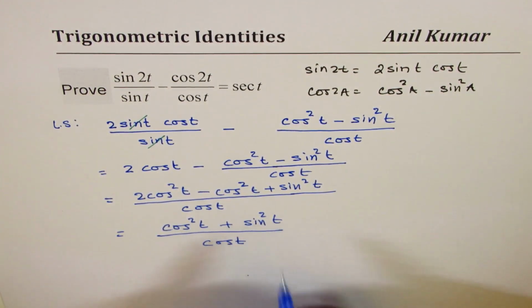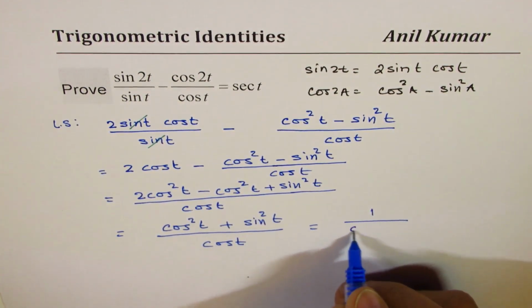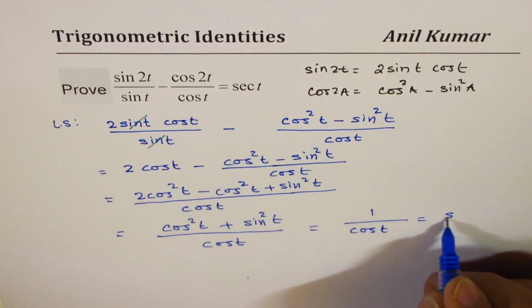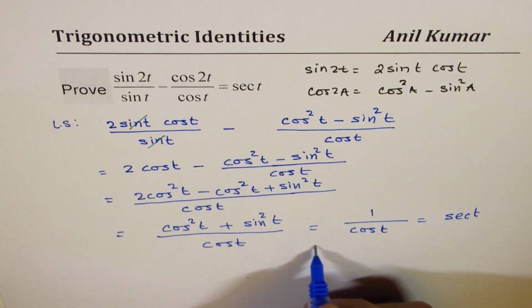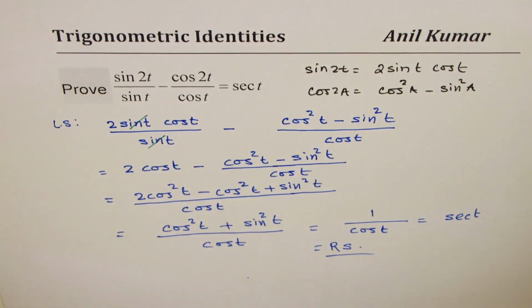Now cos square t plus sine square t is 1, so we get 1 over cos t. And 1 over cos t is secant, so we get secant t, which is the right side. Is it okay? Like this, in small steps, you can prove this identity. I hope that helps.